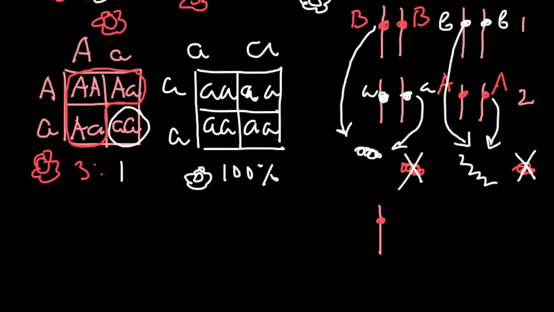So now, as you see, we have one normal allele from the first parent and one defective allele from the second parent. So here we have a heterozygous state for the gene B.